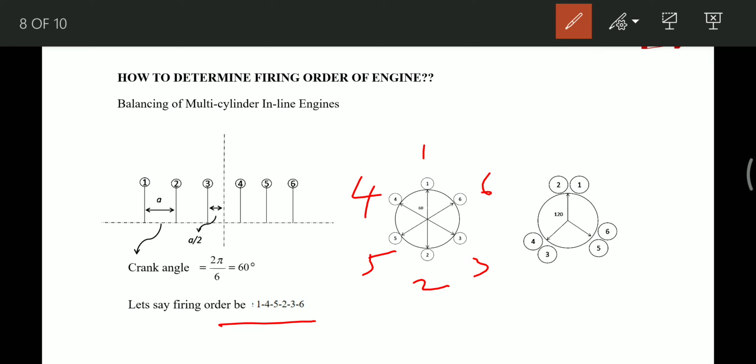It is rotating at velocity omega, and this is rotating at velocity 2 omega. Similarly for the secondary crank position: 1, then 4, then 5, then 2, then 3, and then 6. So these are the crank position angles for the system having a firing order of 1, 4, 5, 2, 3, 6.